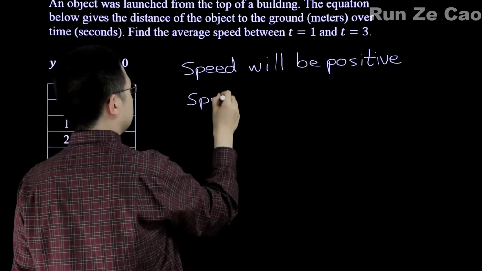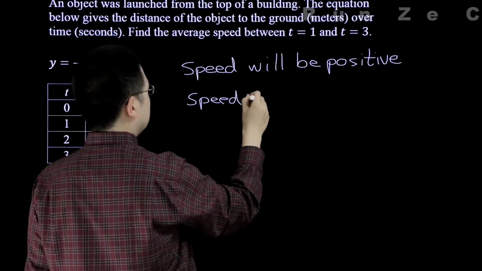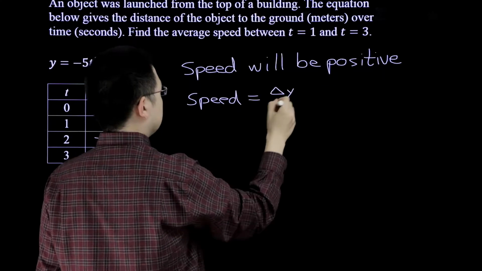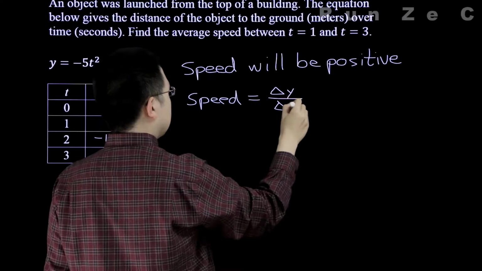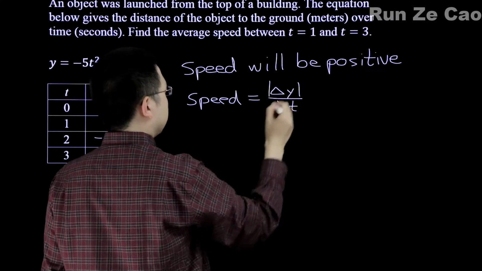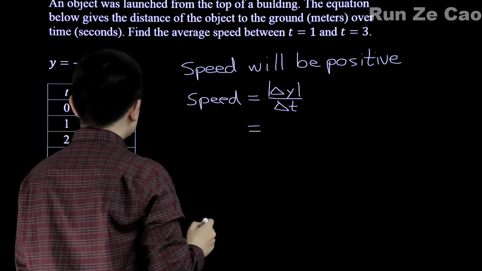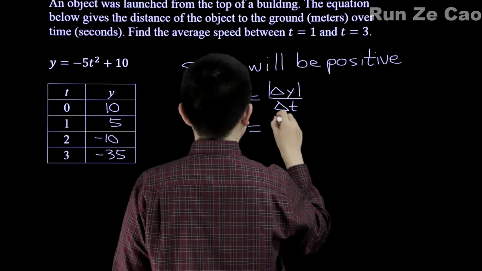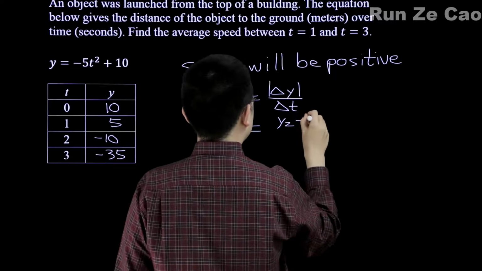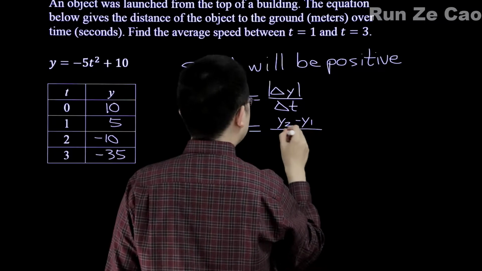delta y over delta t, but this is the absolute value of the change in y. So y2, you can also write it this way if you particularly feel like.